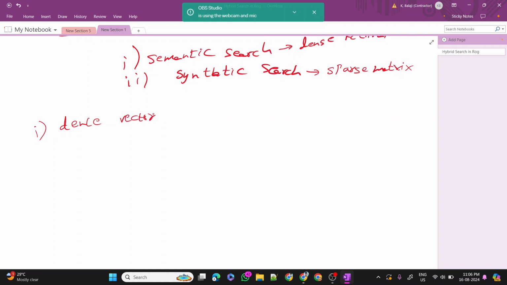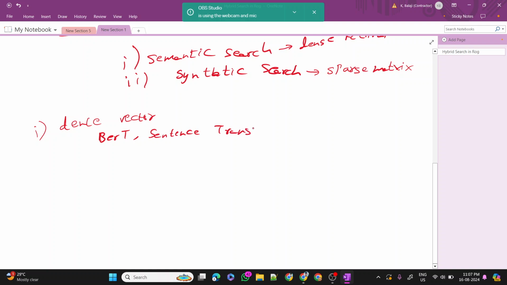These embeddings are created by using models like BERT and sentence transformer.